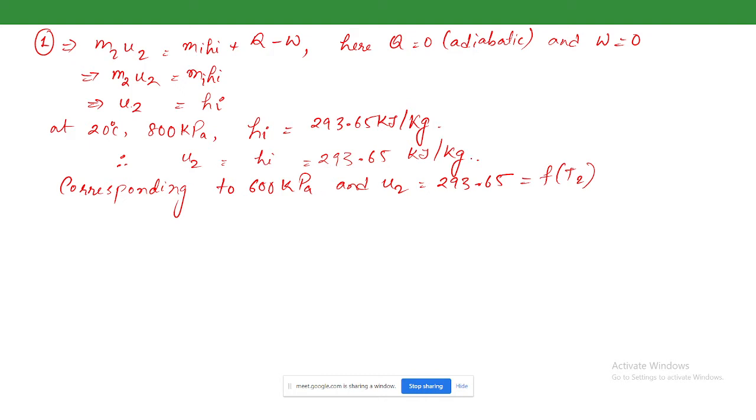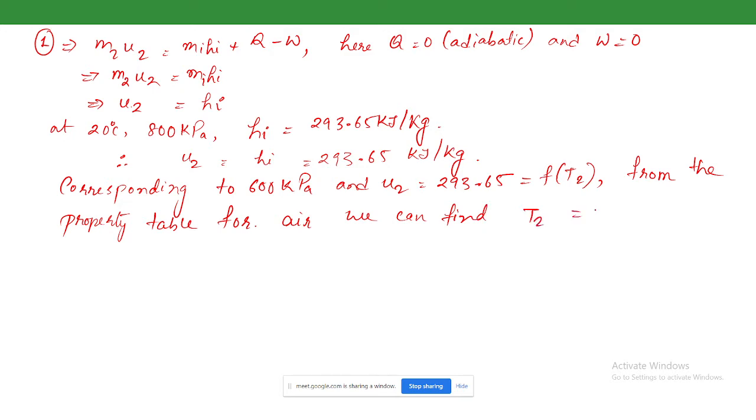From the property table we can find T2 to be equal to 410 Kelvin.